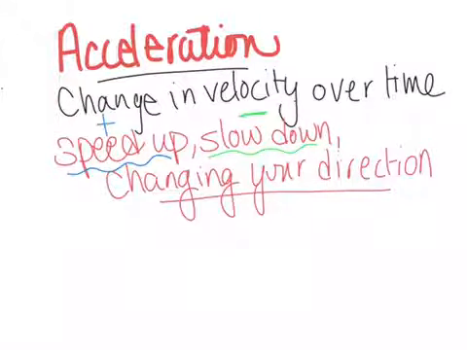You're going to get a negative acceleration since your velocity is decreasing. And then changing your direction, because you could assign direction to velocity, and you could say that this direction is positive and this direction is negative, changing your direction could make your value of acceleration either positive or negative, depending on the change in motion.